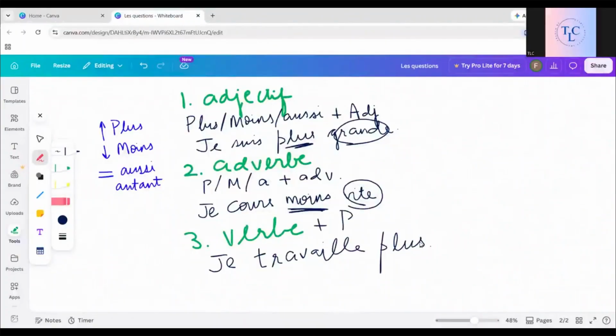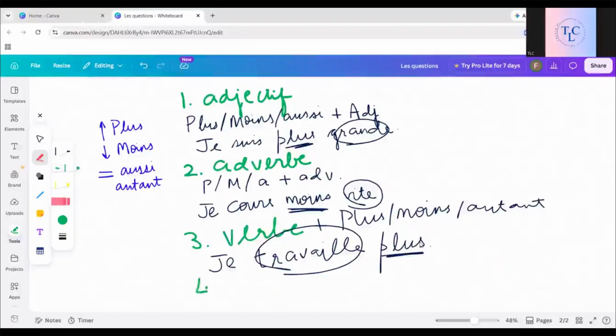We'll add plus, moins, or autant, after the verb. So, je travaille plus. The basis of comparison is travailler. We are talking about travailler, which is a verb. So after that, simply we put plus.